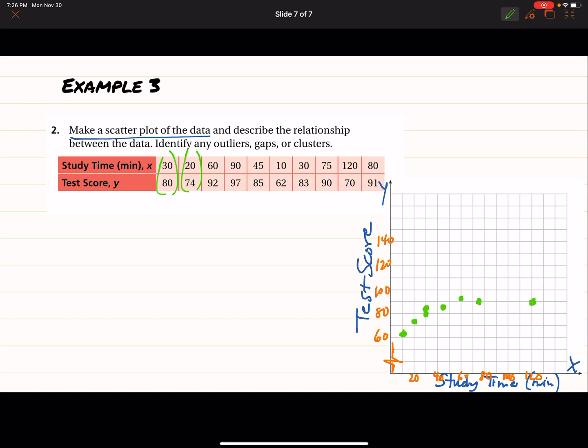And 80 and 91. Okay, so we've got each of our points plotted here on our graph. Now we're going to describe the relationship, and we can see that it is a positive linear relationship. It's increasing from left to right in the shape of a line.